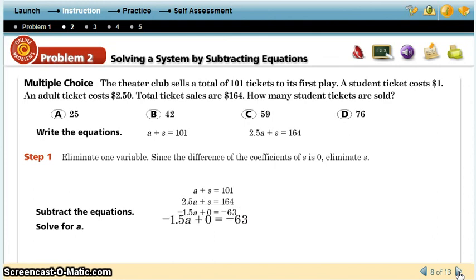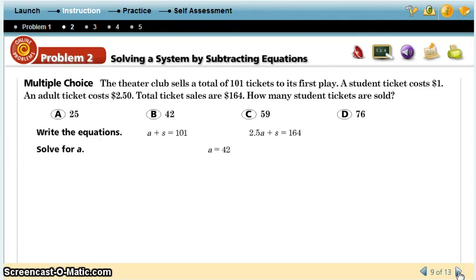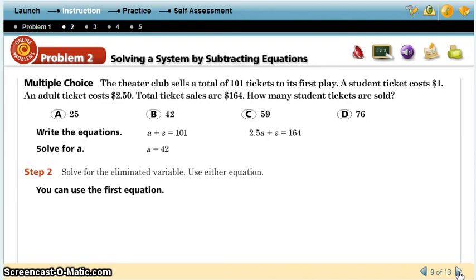Solve for a. So a equals 42. Step 2. Solve for the eliminated variable. Use either equation. You can use the first equation.